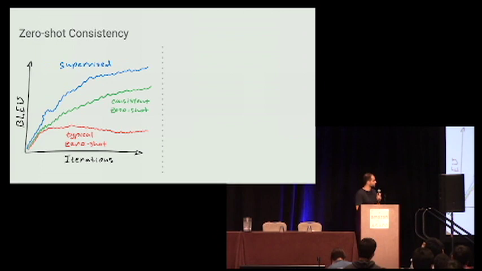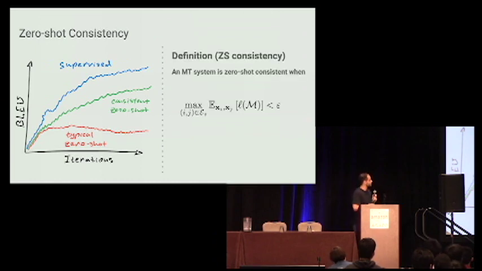And what we actually want is a consistent model that is trained on the supervised data, but at the same time, the zero-shot performance consistently improves over the iterations. Basically, we would like to be able to control the gap. So we define zero-shot consistency as follows. This is the bound on the loss on the supervised directions, right?